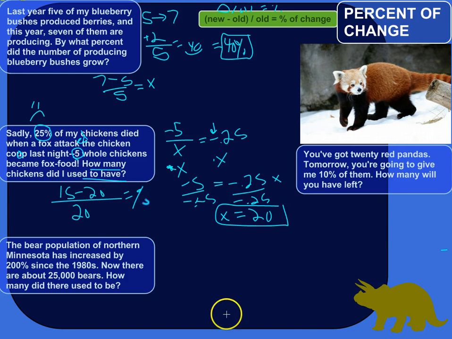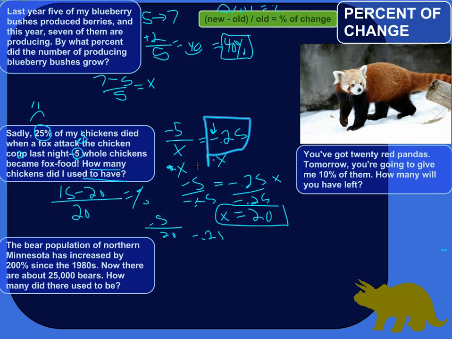If I do 15 minus 20, that's negative 5. Negative 5 over 20 is negative 0.25, and that's what we said it was, a change of 25%, or a decrease by 25%. All right, let's keep going.